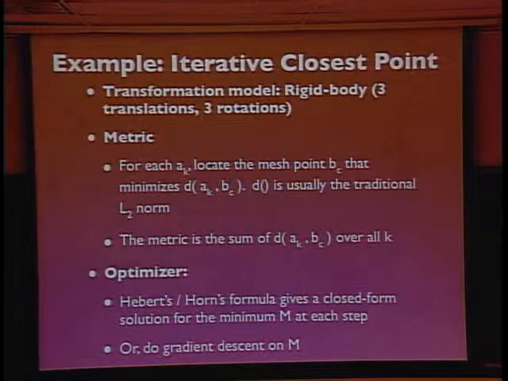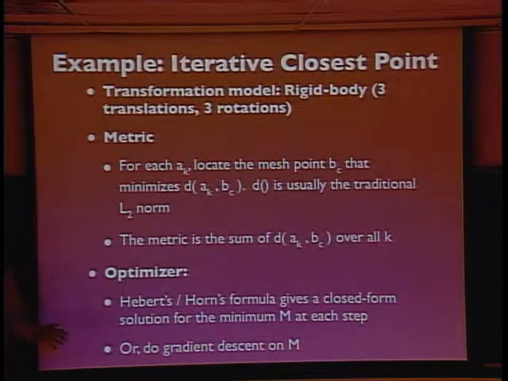Given that you have correspondences between one mesh and the other, it'll give you the rotations and translations you need fairly quickly. It's basically a matrix decomposition. It's all linear algebra.